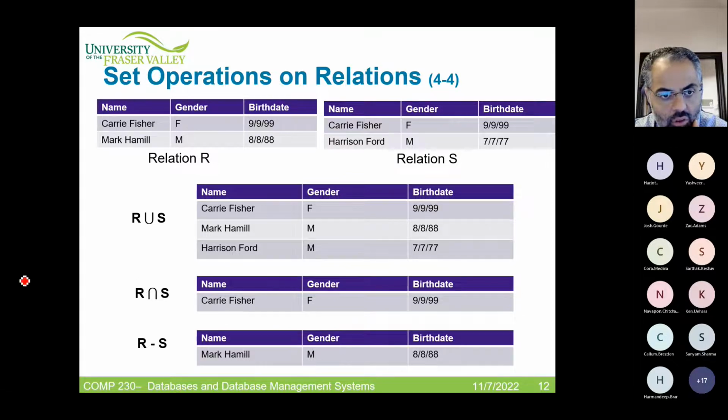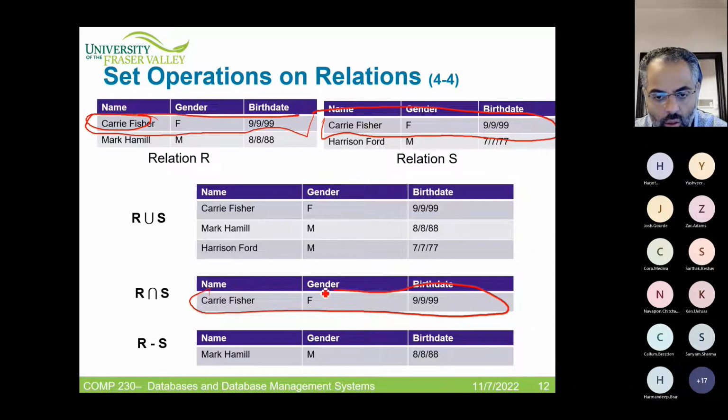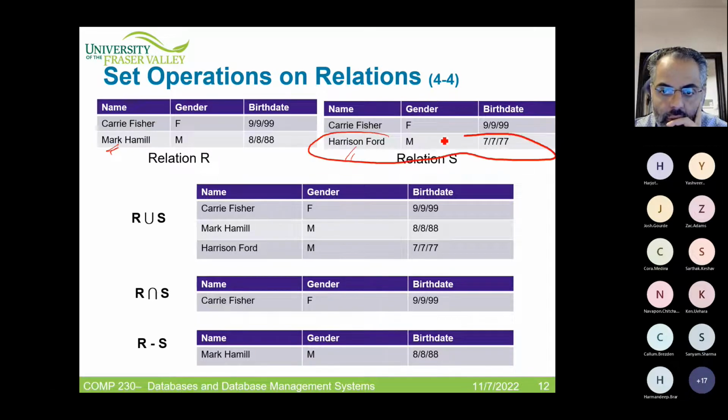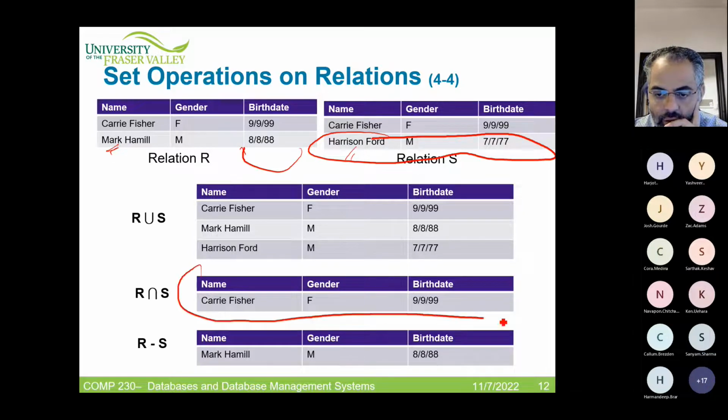Here we have Carrie Fisher, and this record, and this is another record. This is common, so we take it. In the second, Mark Hamill, we don't have Mark Hamill here, so we will not take it. Here we have Harrison Ford, but we don't have it here, so we don't take it. The output will be only the Carrie Fisher record.